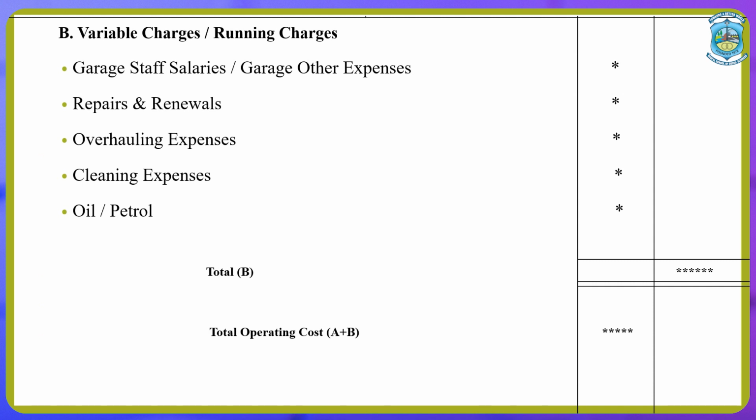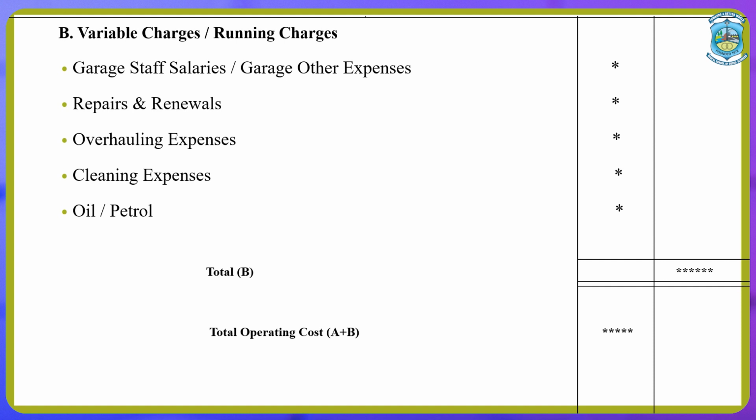As for part B, in it we include variable charges, or running charges, meaning charges incurred when we provide the services, like garage staff salary, garage other expenses, repair and renewal charges, overhauling expenses, cleaning expenses, and oil and petrol.